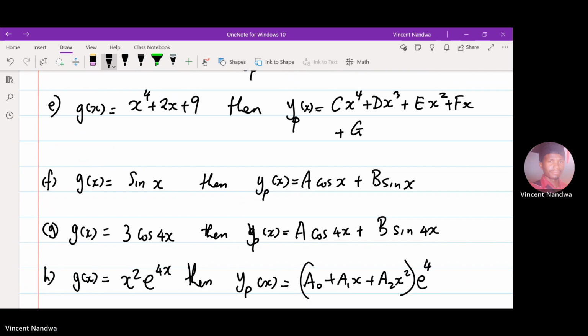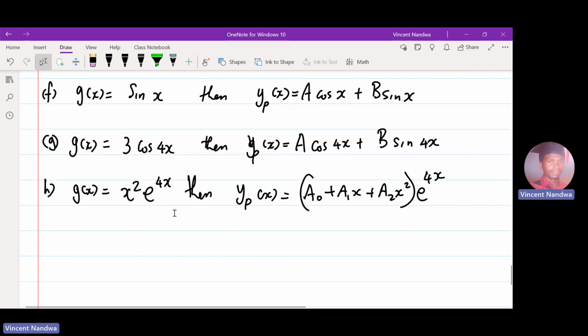So simply know that this is a quadratic term. There's a general structure of a quadratic multiplied by the exponent. In similar manner, do get as many examples as you like to see the different structures of yp when you are given g of x, because that's usually the starting point.